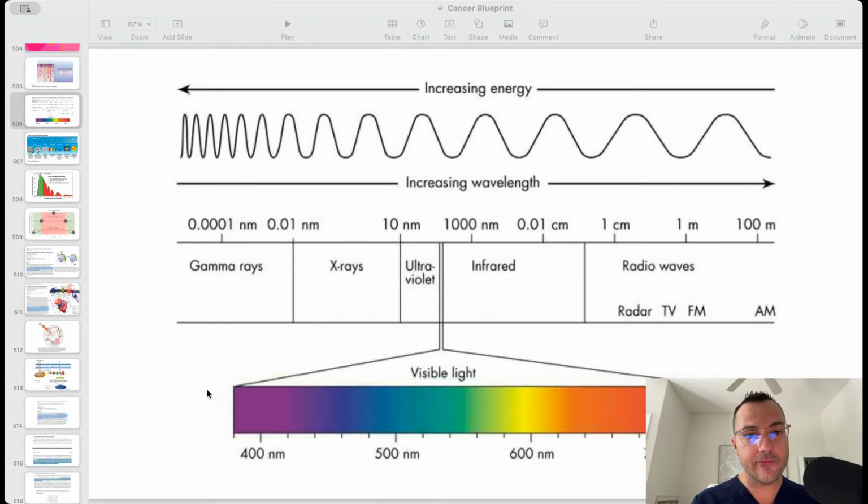And what we get left with is ultraviolet, visible, and infrared. You're going to see nomenclature when we start talking about specific parts of the spectrum, and it's going to be listed as nanometers, nm, and that's the actual length of the light wave.